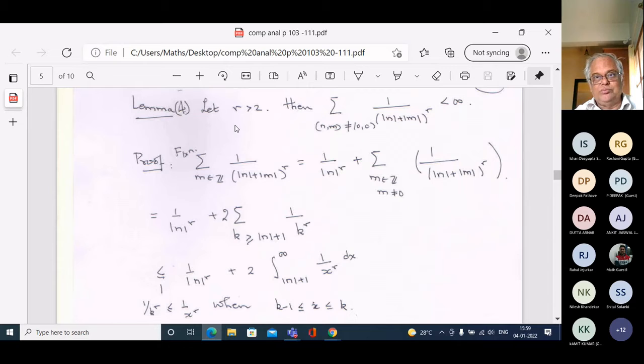That for r greater than 2, the sum of this is finite. I'm removing that n, m equal to 0, and you have mod n plus mod m to the r. Suppose r is greater than 2. You fix your n first. Then you sum up over all the m.